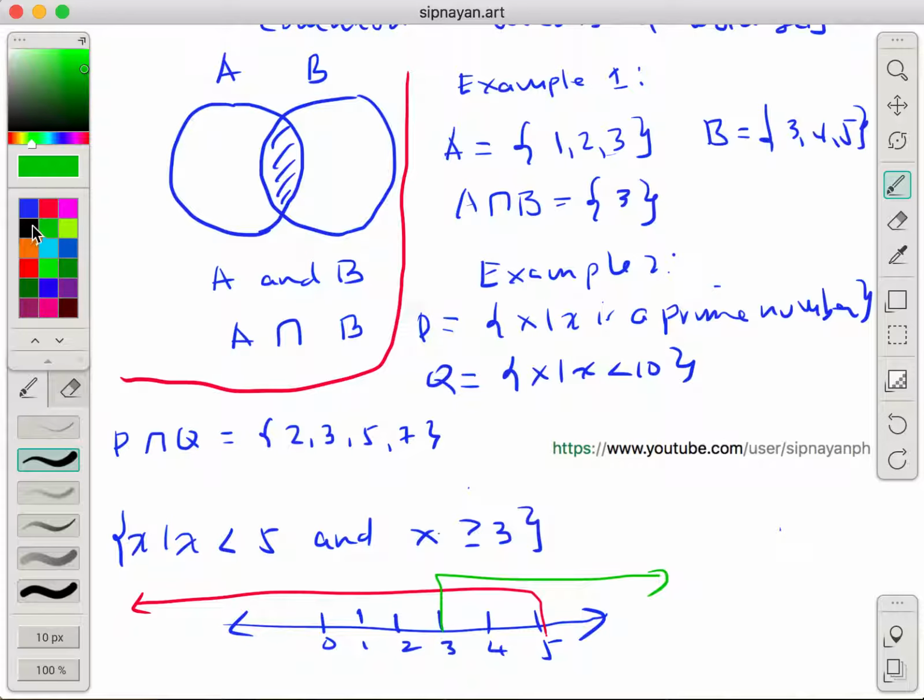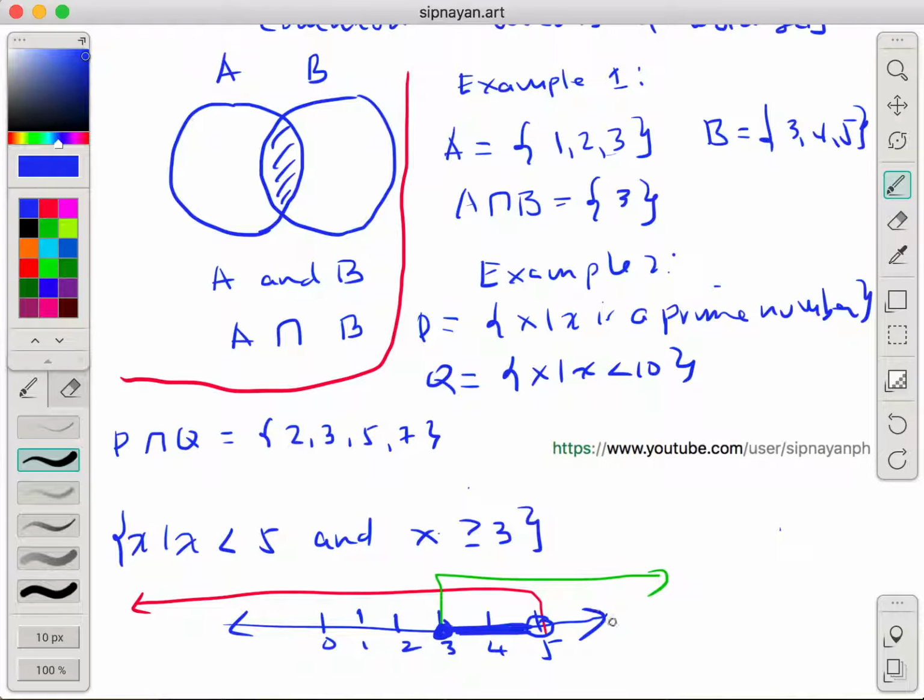If you remember from the previous video, you've seen this graph here. At the end, this is not included, and this is included because it has greater than or equal. Therefore, our graph is the part in between. Actually, the purpose of this is to understand how to graph compound inequalities.